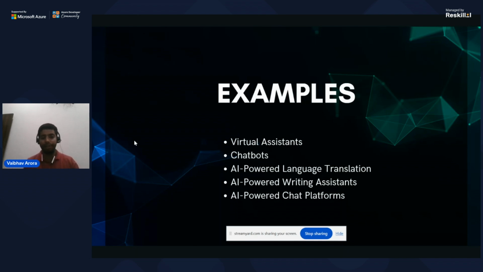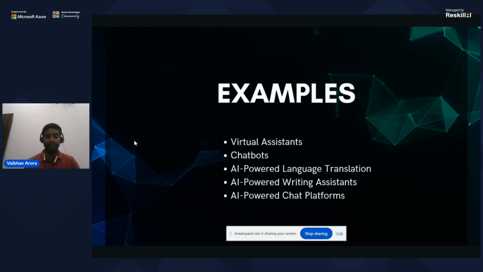Now coming to examples. Virtual assistants and chatbots, like we are all using Siri and Google Assistant. We just say something and it understands our context and gives us the result.